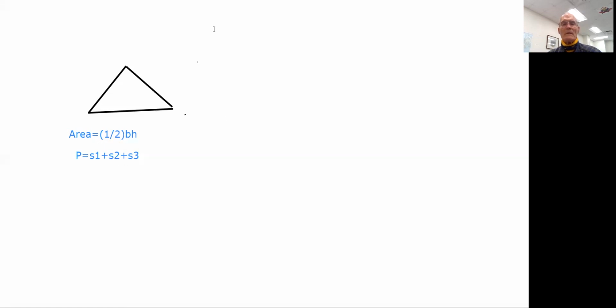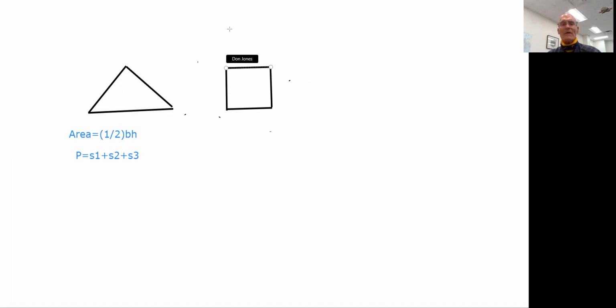And we look at a four-sided figure, which is either a square, something similar to this, and then the other four-sided figure is a rectangle.